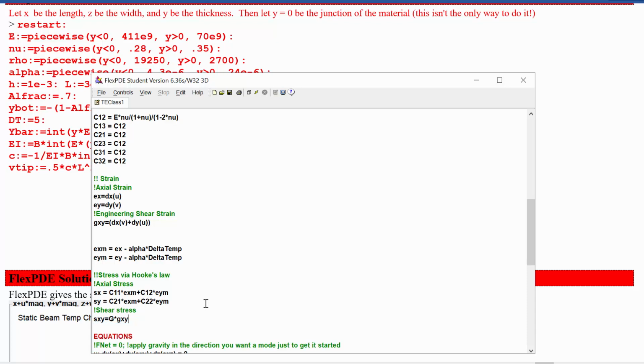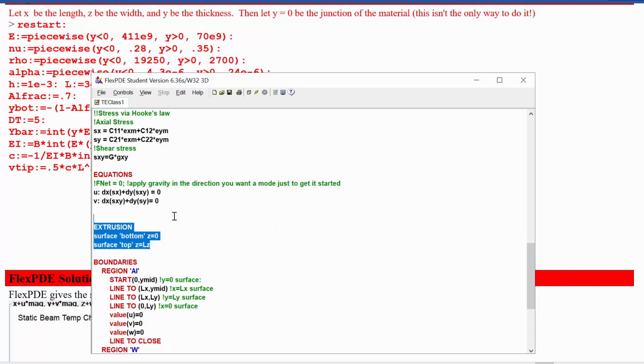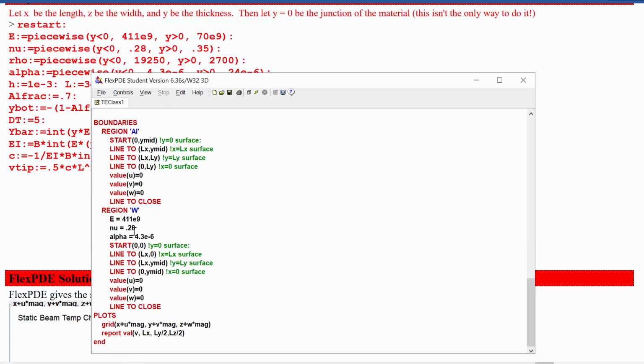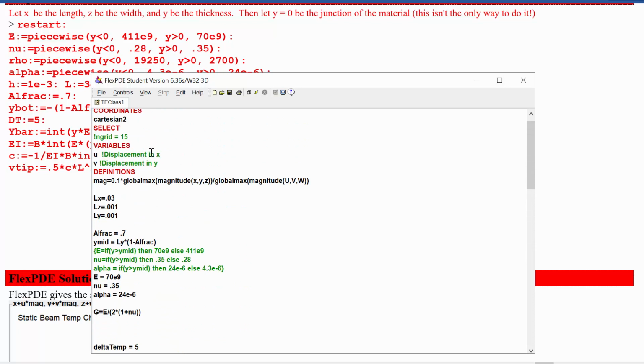No more shear that involves Z, and no more W differential equation or Z derivatives of terms in the other differential equations. No more extrusion. And with the grid plot, we won't have any Z specification in this other plot. So I think that might be it.